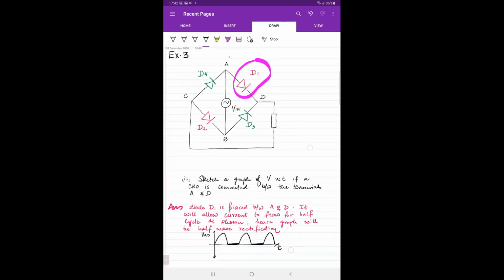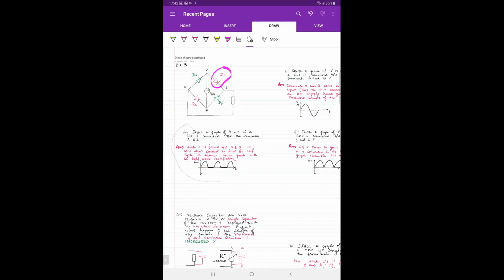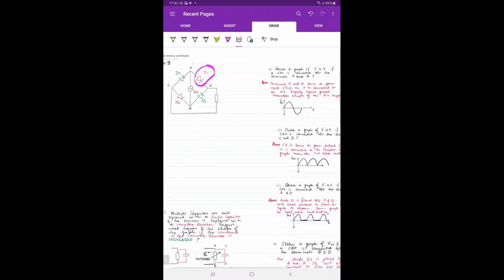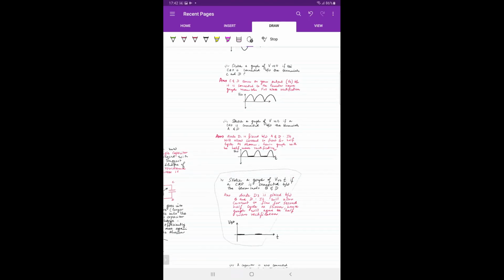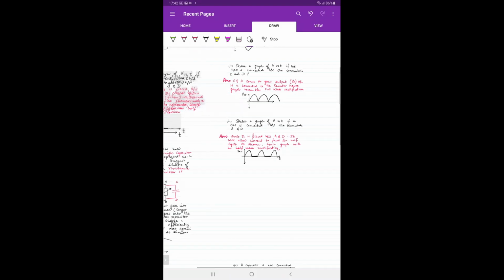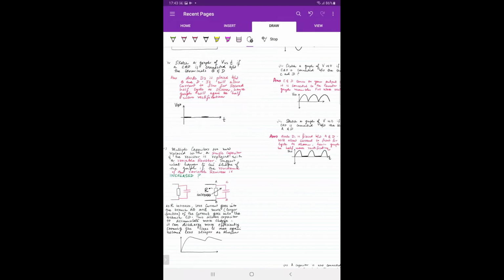Now, if however your question was, okay, मैं इसको zoom in कर रहा हूँ, देख लो.